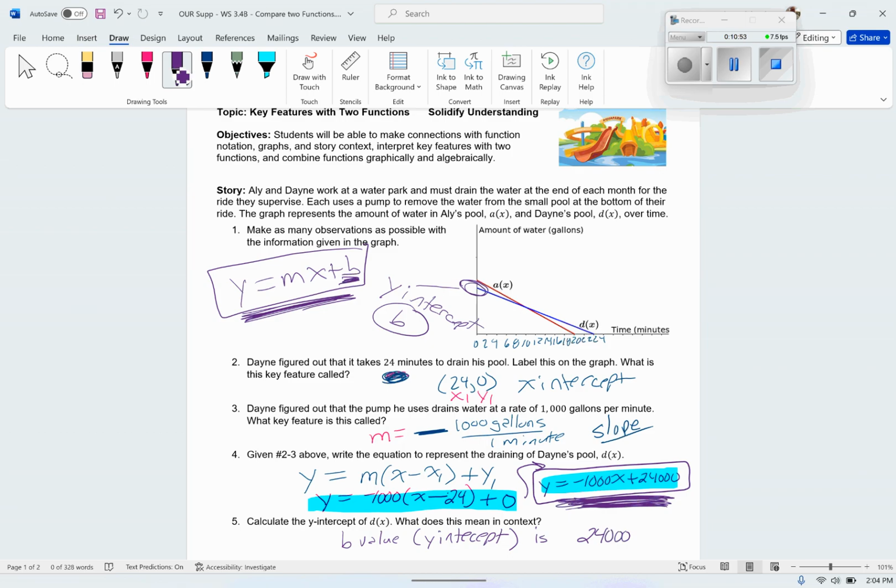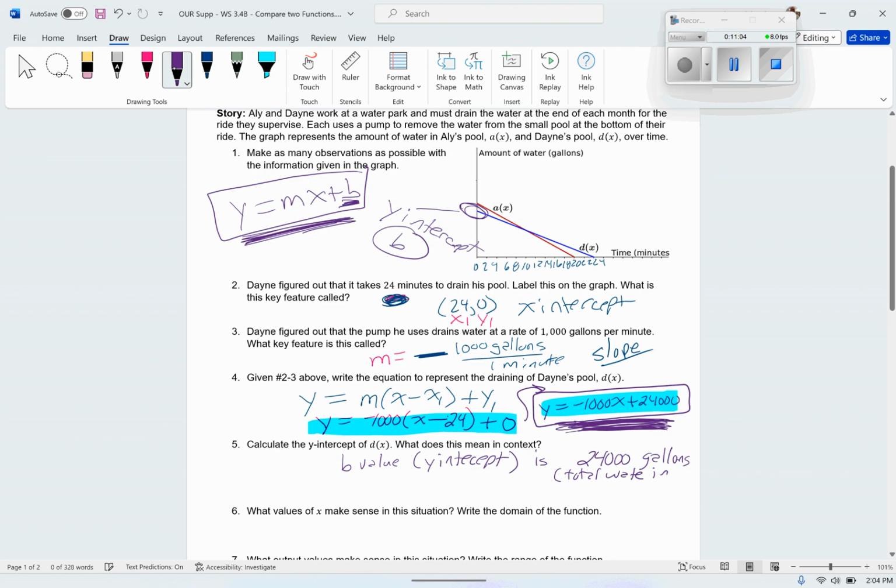Yeah. 24,000 gallons. That's the total water in Dane's pool before he starts emptying it. Is 24,000 a lot of water? I think so. 24,000 gallons.